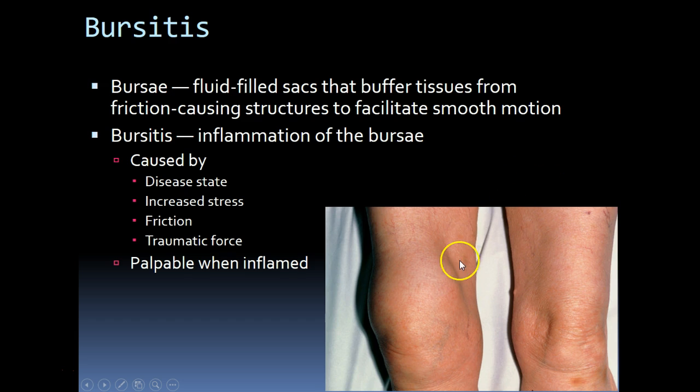What we can see here is a massive bursitis. And how do we treat that? There are several different ways. You can actually aspirate the knee or drain the knee. You can try wrapping an ACE wrap to control the swelling. Many ways to do that.